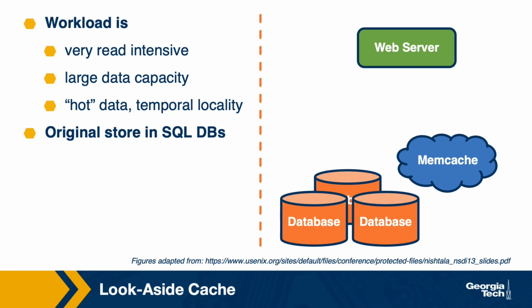All of these aspects make the workload a good candidate to benefit from a smaller cache that's kept in memory. This way, these hot or recent items can be accessed from cache as opposed to accessing a much slower storage tier on some persistent devices, on hard disks, for instance.